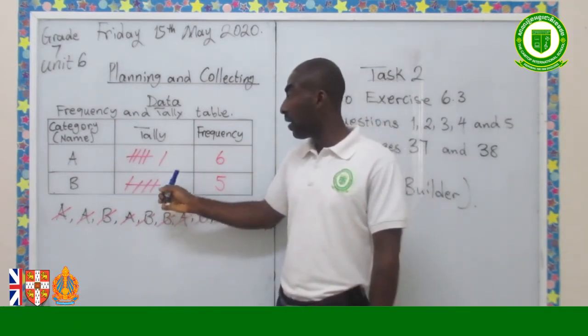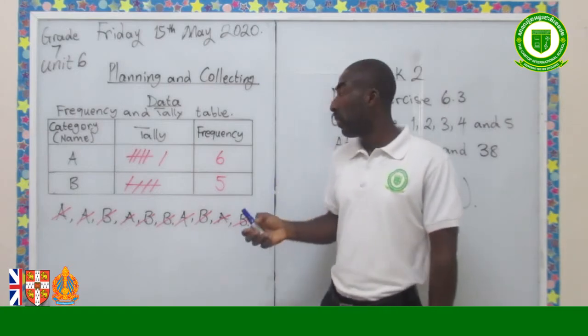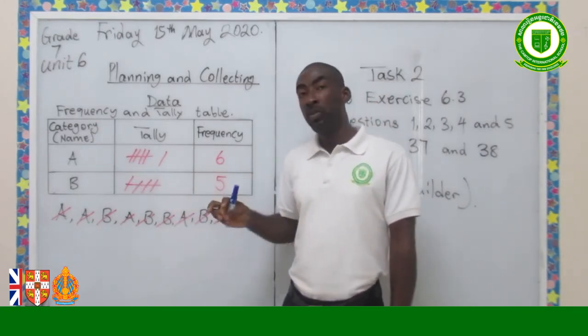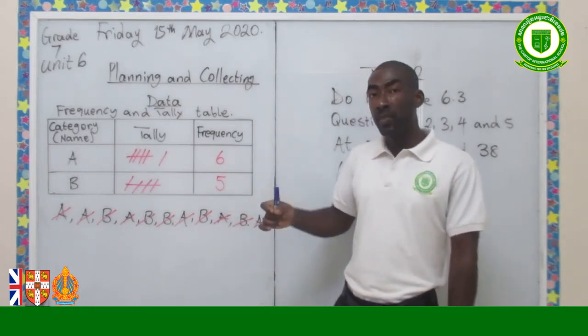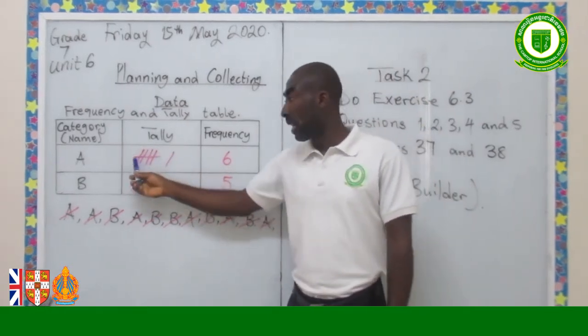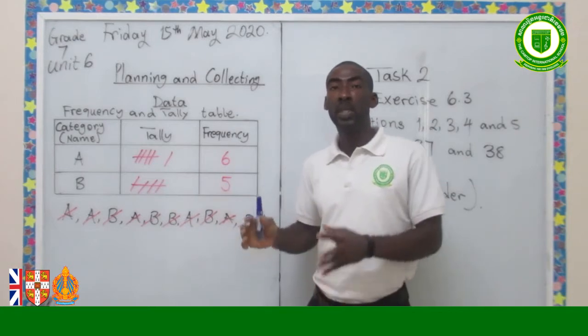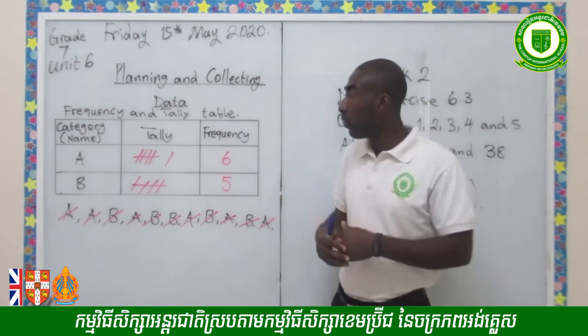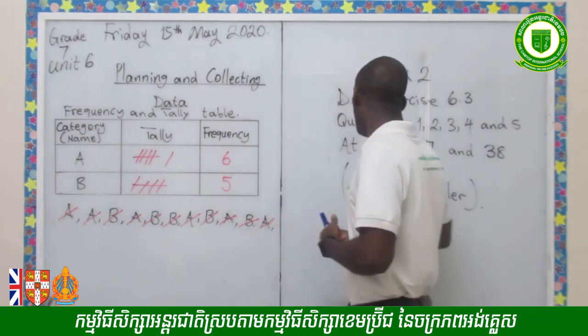So we have 5 here. And you should also know that whenever you count with tally, when you finish your 4th and you are going to the 5th one, you need to make a cross out so that it's easy for you to count when you finish all your work in total.